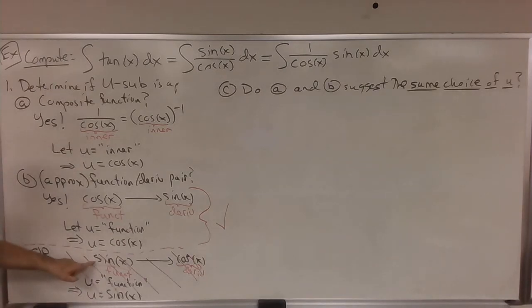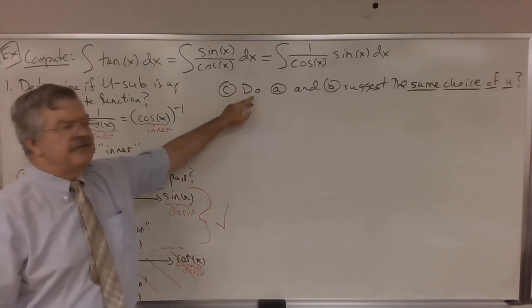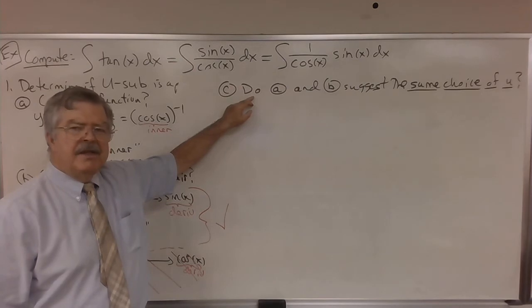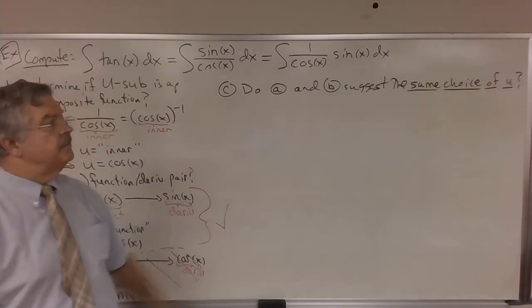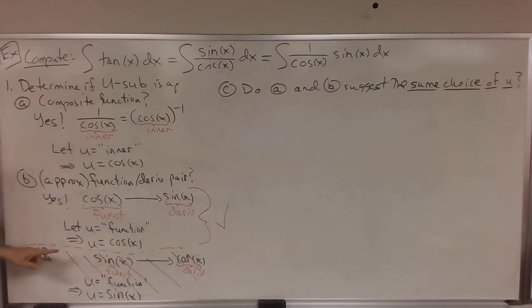If we go this route, then in part C we can't say that criteria A and B suggest the same choice of u. But if we let this be our function, u is cosine of x, and criterion A and criterion B suggest the same choice of u.